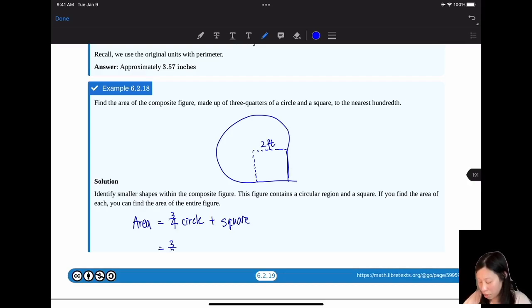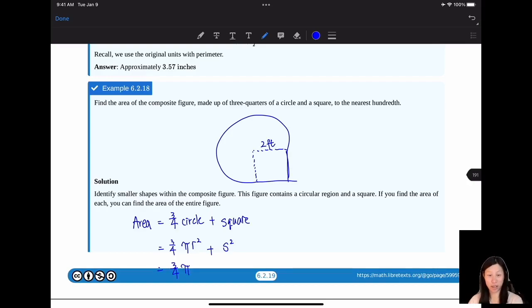So the area of a circle equals pi r squared, plus the area of the square, which is x squared, right? From the graph, we can find the side of the square, which is 2 feet. This is not hard. And what about the radius?